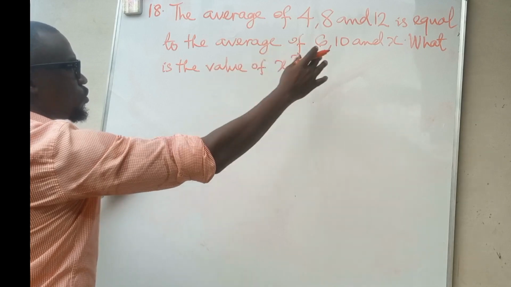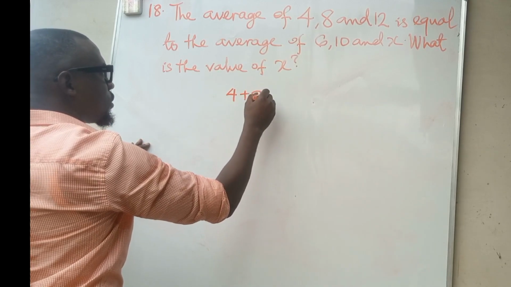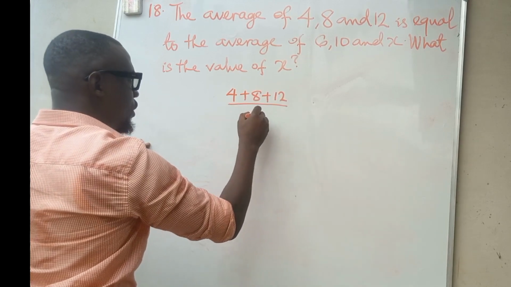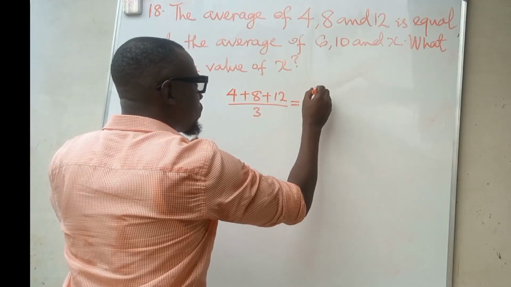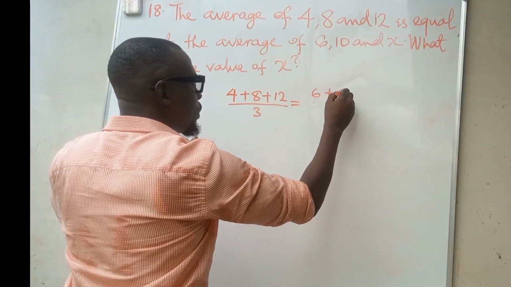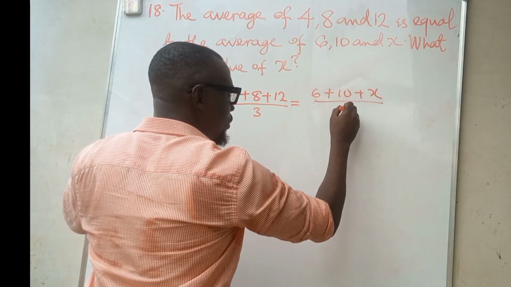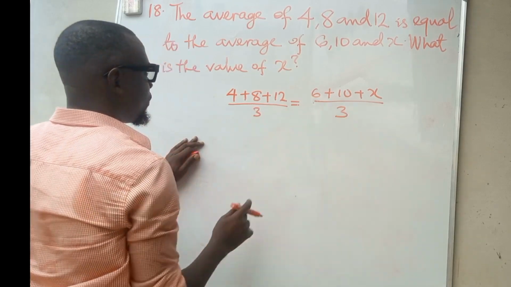The average is equal to this. So 4 plus 8 plus 12 over 3 is equal to 6 plus 10 plus x over 3. The average is this. This is equal to this.